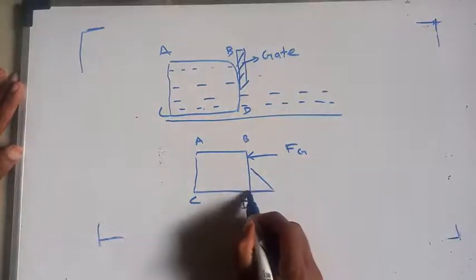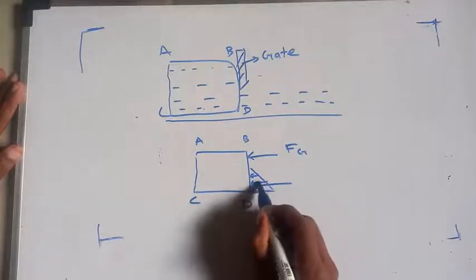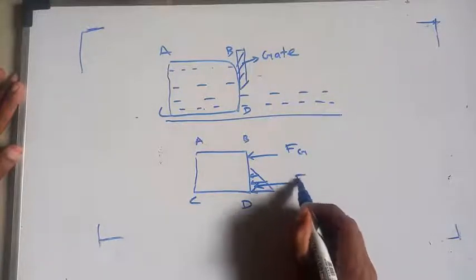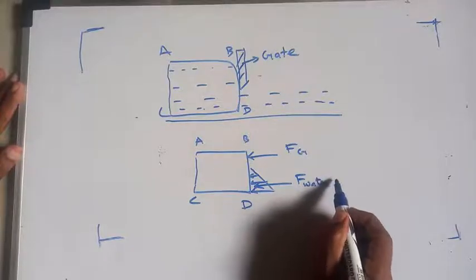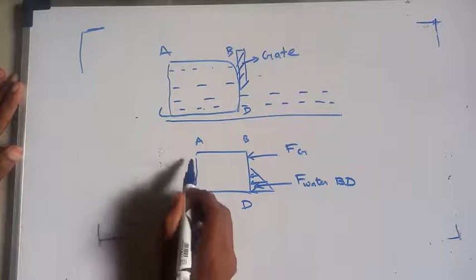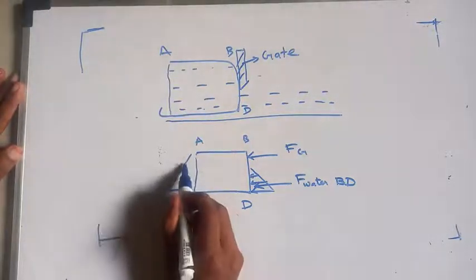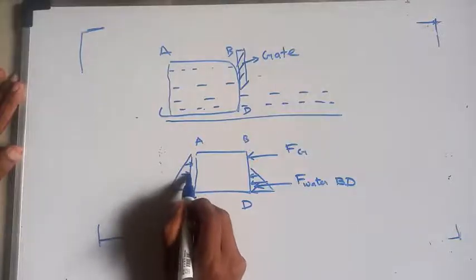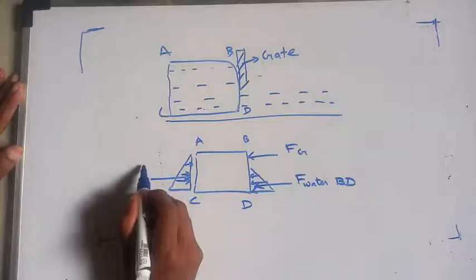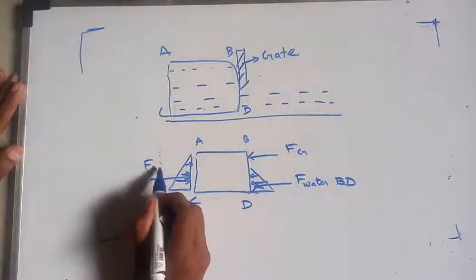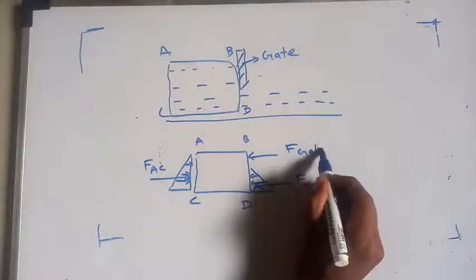Here water hydrostatic force acts at 1/3 depth, force due to water at section BD. Like that, here water is up to full depth, so I am drawing this as force at section AC. This is force due to gate.